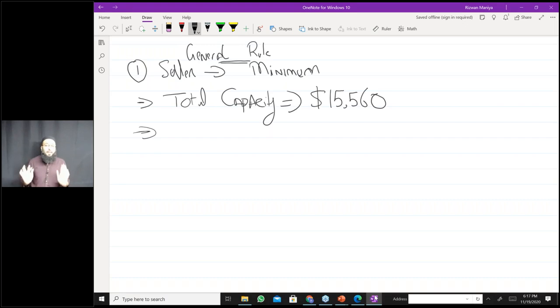Start from total capacity. If units are given, start from units. If value is given, as right now, start from the value. Agreed?